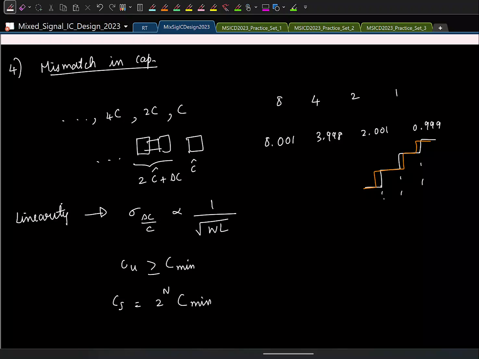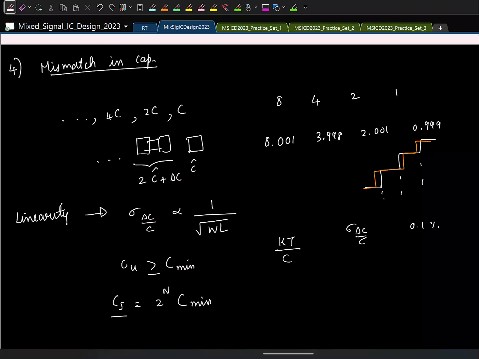Once again, in practice you will find that you will not be able to design the sampling capacitor so that you meet the kT by C noise. You will end up over designing it simply because you want to get good matching between the capacitors. And the practical number to get for this standard deviation is around 0.1%.